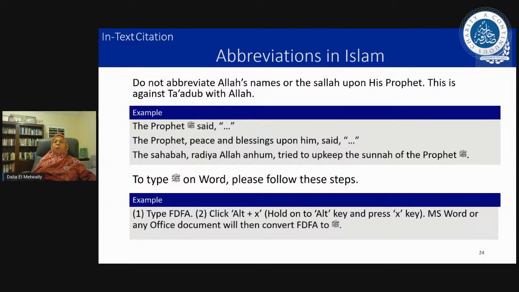Ibn Taymiyyah rahimahullah talked about that concept when people started a long time ago in the Arab world to write sallallahu alaihi wasallam as just abbreviations of the different words. He wrote so much about it, and he said that it has Allah's name, it's a lack of respect for Allah, and a lack of respect for Rasulullah.